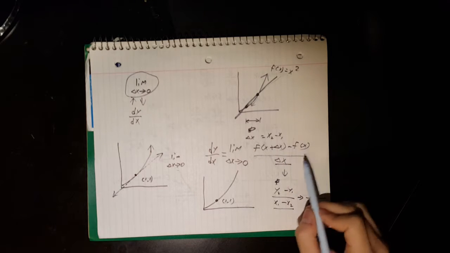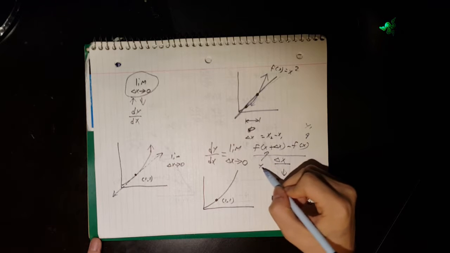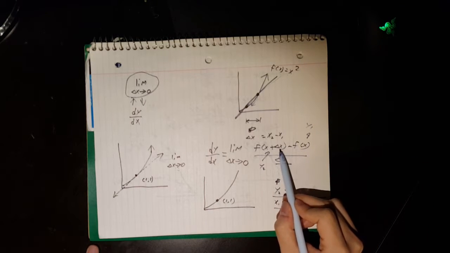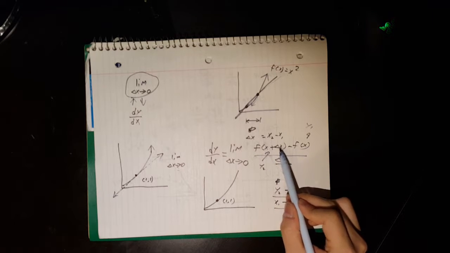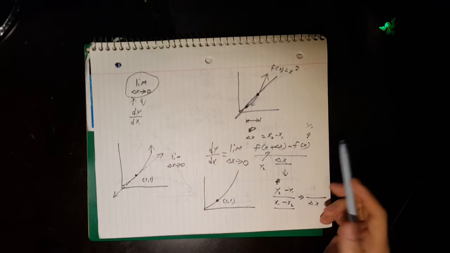You can call this y1, this y2. And so if this becomes really, really close to 0, it's basically f of x2 minus f of x1, right?